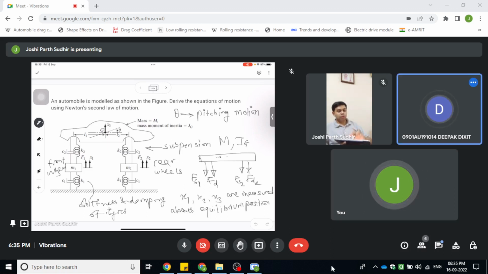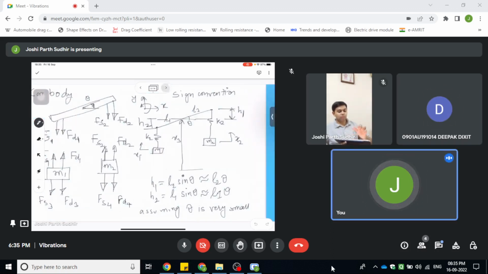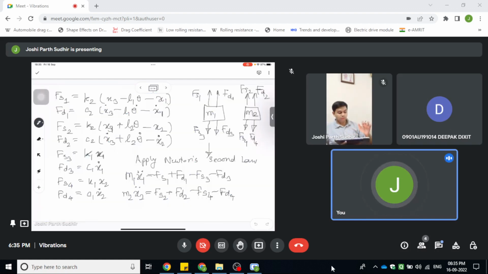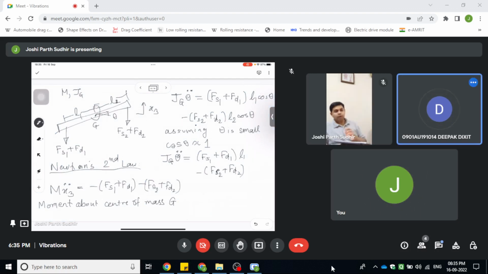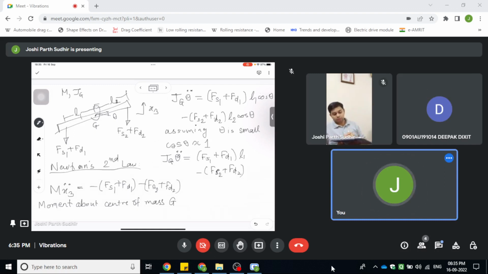In your assignments you will also see similar kinds of problems where you have to derive the equation of motion. So this is just an example of a similar kind, and this is for a car.